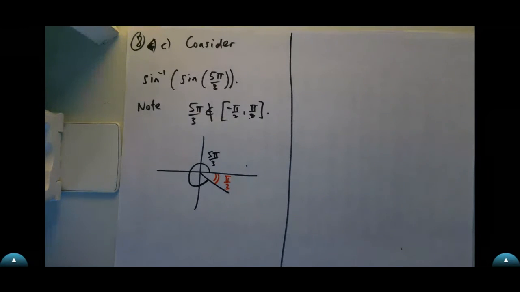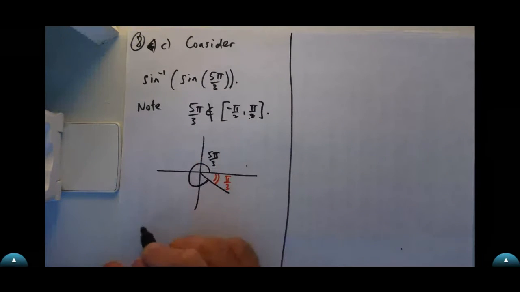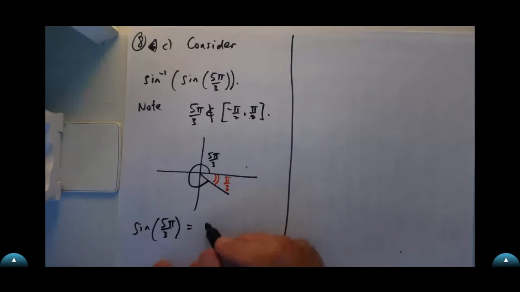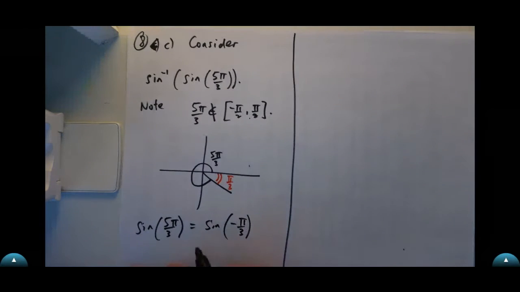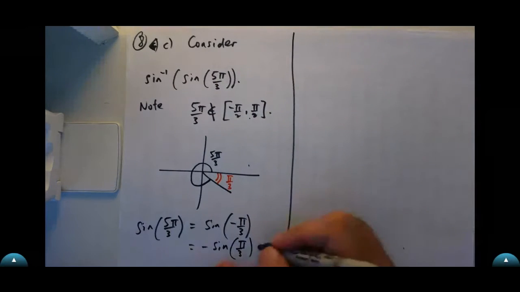So one way of doing this problem is to say, right, sine 5 pi on 3 is the same as sine negative pi on 3. And sine is an odd function. This is definitely in this interval now, right?